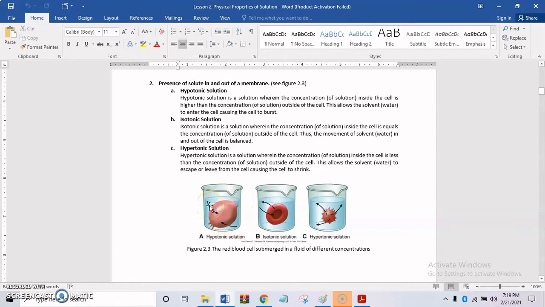The tendency is that if the concentration inside the blood cell is too high, with low concentration fluid outside the cell, the water will enter the red blood cell. And it will make the red blood cell swollen.